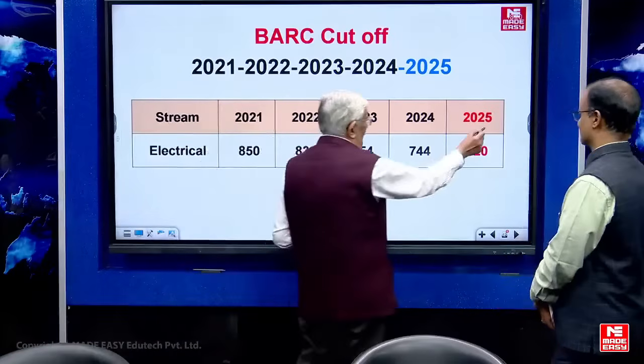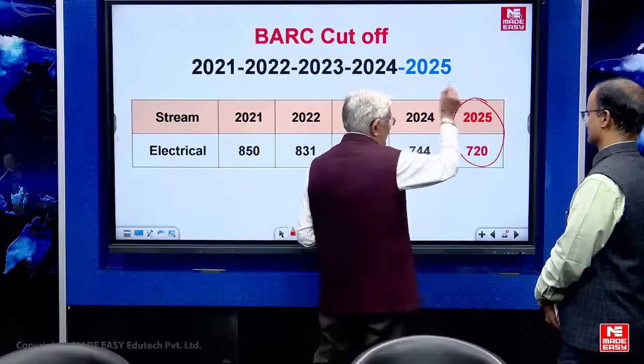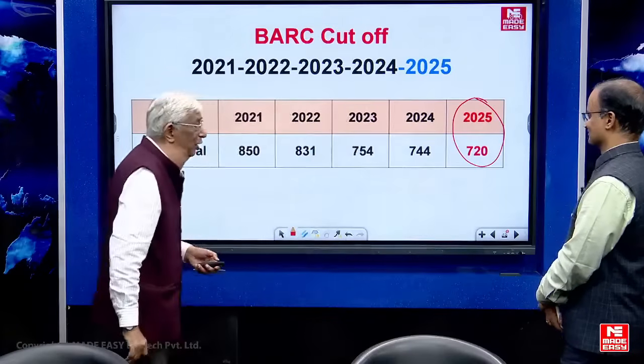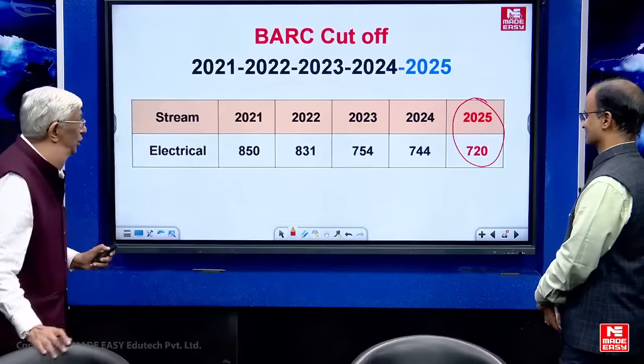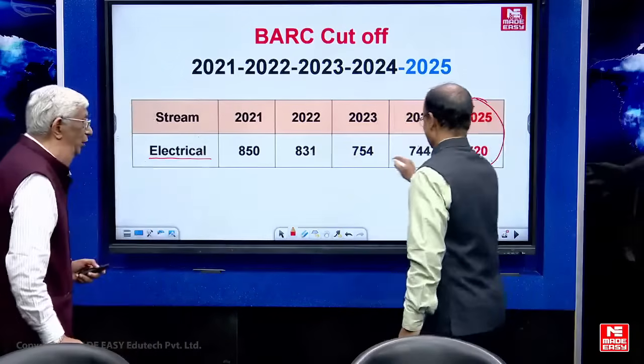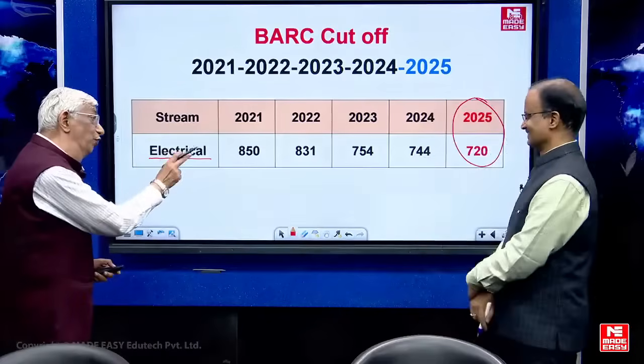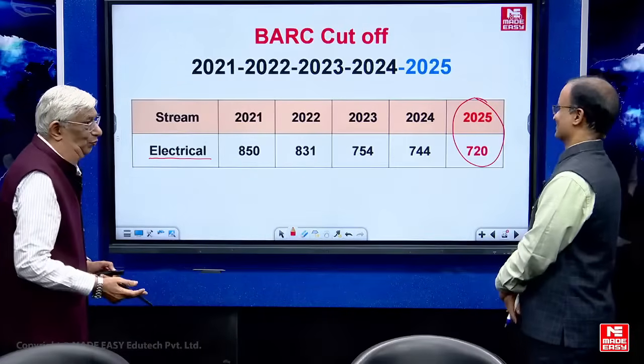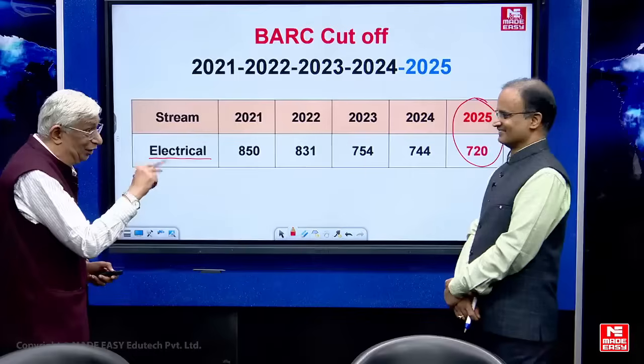This number is critical. Last year, the cutoff for EE was 720. Sir, it is a function of the increase in the number of vacancies also. Last year, the number of vacancies for electrical was high.